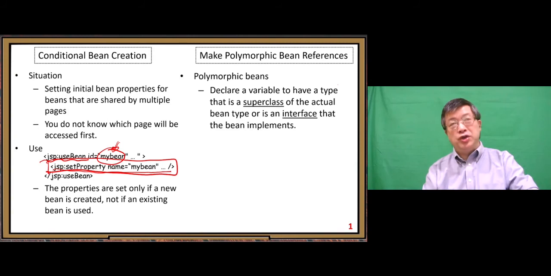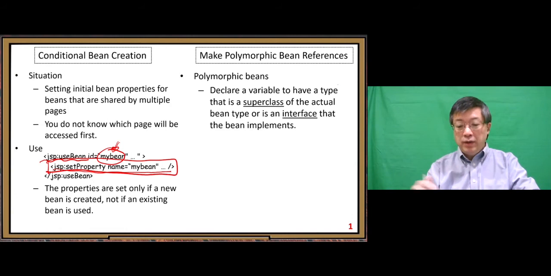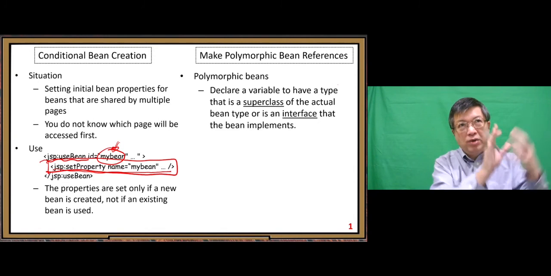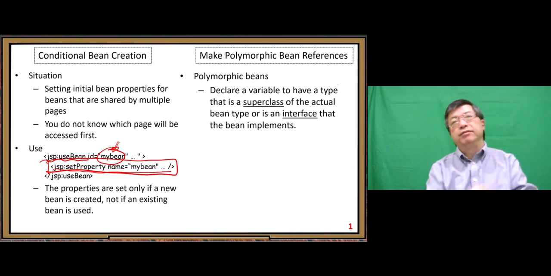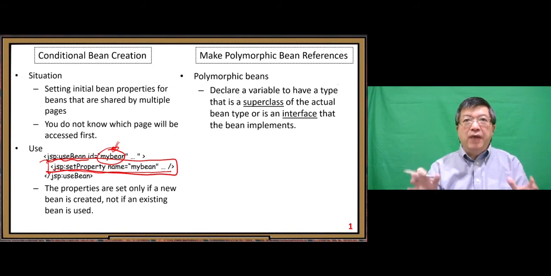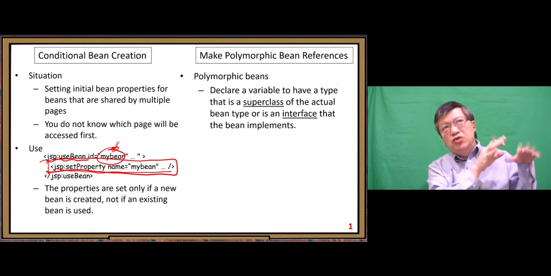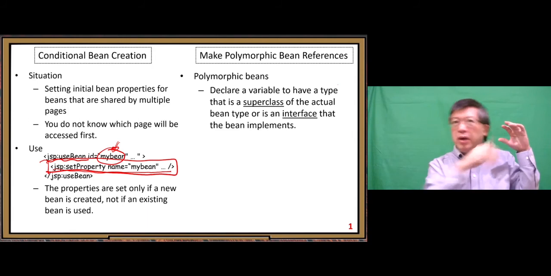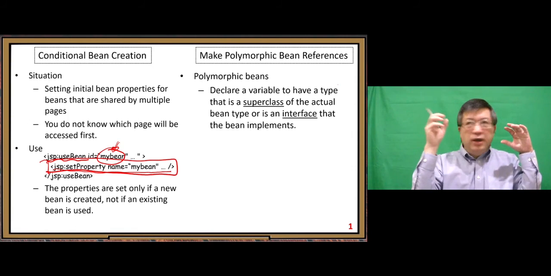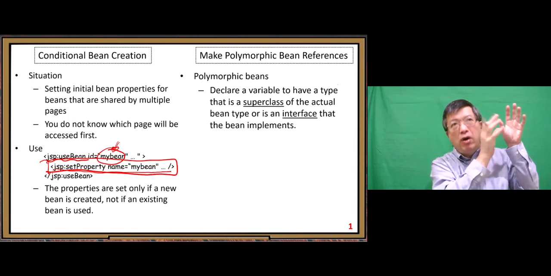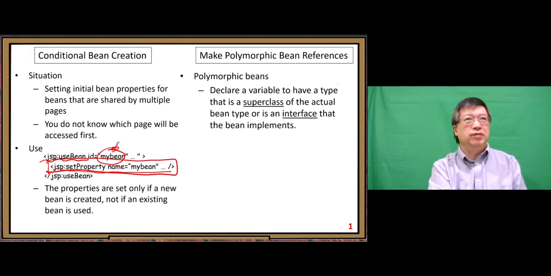Or there is another situation, the interface situation. Because interface is another special case, we can put the superclass and subclass case together. So the interface that the bean implements: class A, we just treat as an interface, but class B, we treat as it implements the interface called class A. I mean just the name.